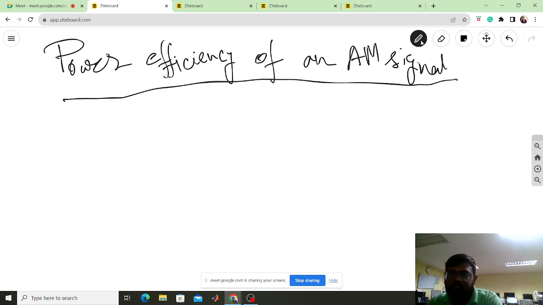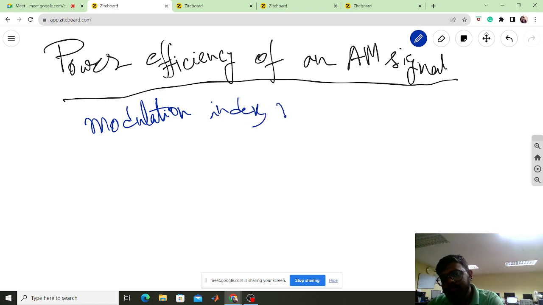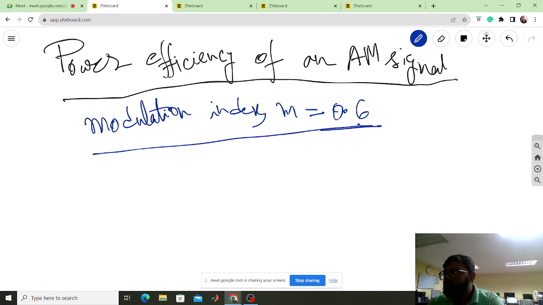With an example. So suppose you are given a modulation index. I think everybody knows what the modulation index is. So that is 0.6. The modulation index is actually Am by Ac.